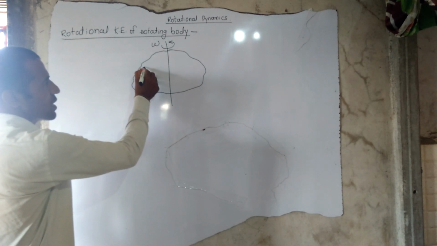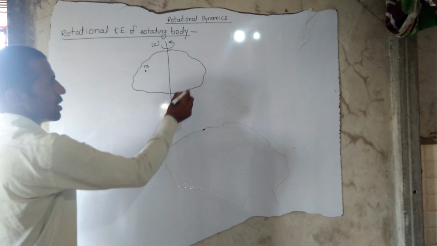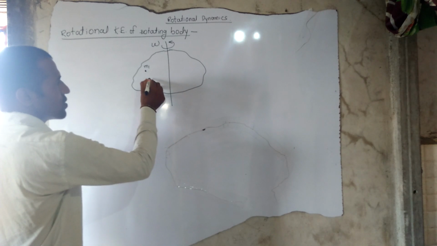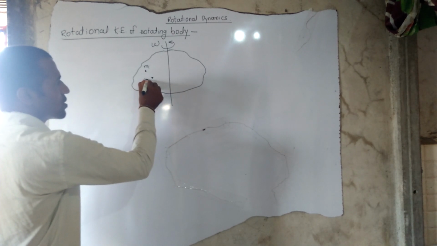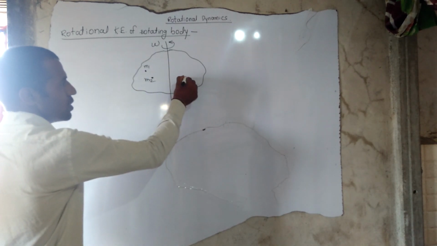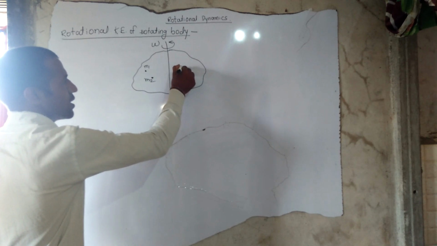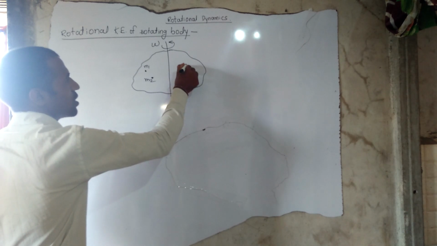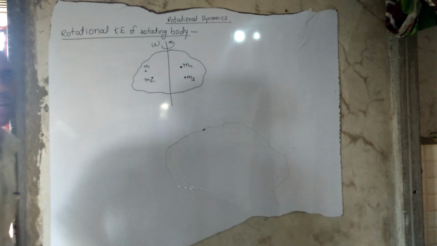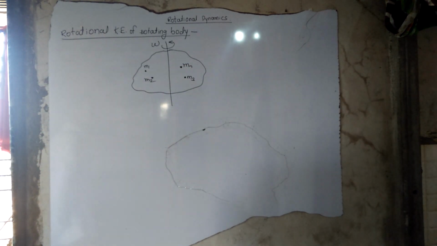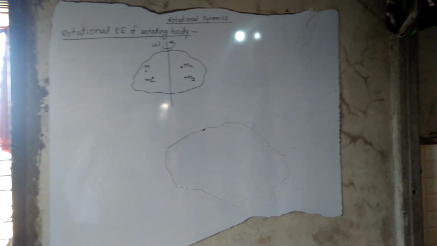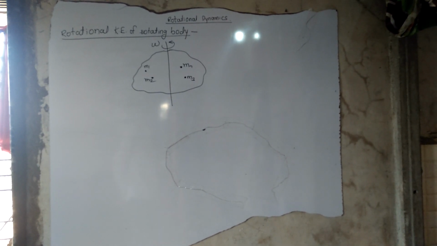Suppose this is the first particle of mass m1, this is the second particle of mass m2, the third particle of mass m3, and suppose this is the nth particle having mass mn. This body consists of a large number of small particles having masses m1, m2, m3, and so on.